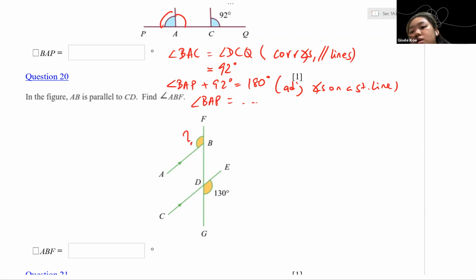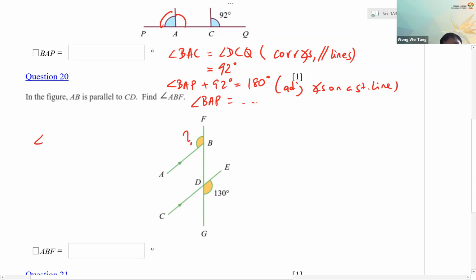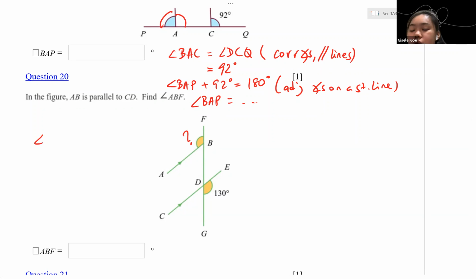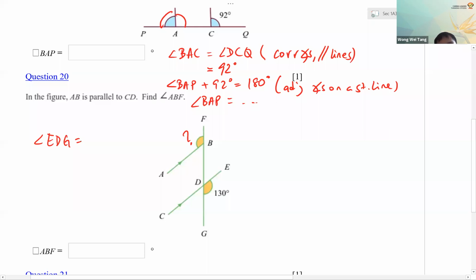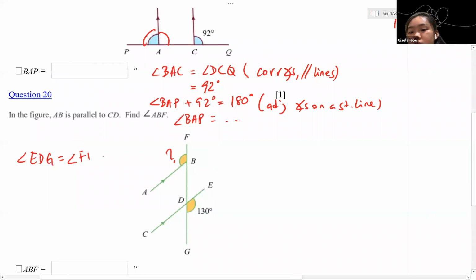Angle EDG is equal to angle BDC. Wait. Say clearly and slowly. Angle EDG is equal to angle FDC. Yes. Is that it?